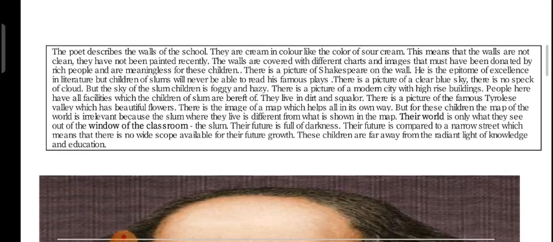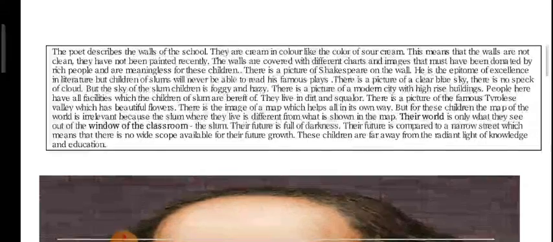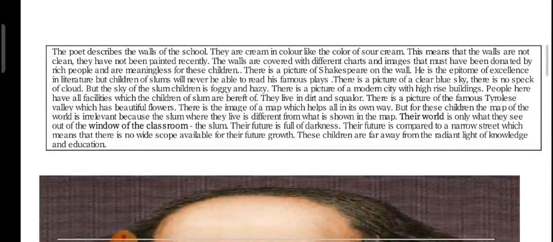They live in dirt and squalor. There is a picture of the famous Tyrolean valley which has beautiful flowers. There is the image of a map which helps all find their own way.